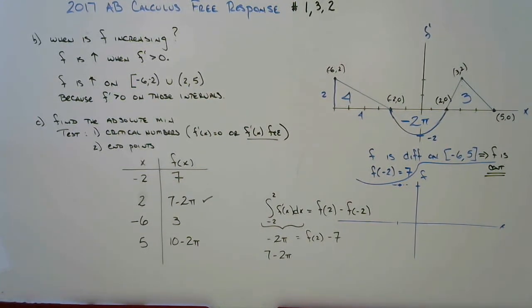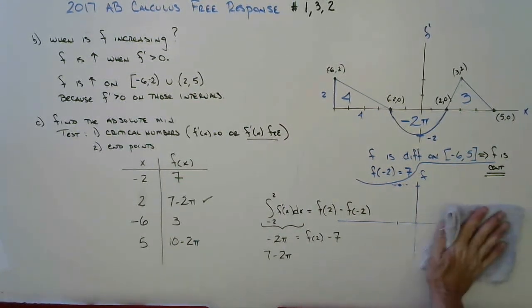We get part D. Part D says for each of f double prime of -5 and f double prime of 3, find the value or explain why it does not exist. Okay. So let's get rid of some of this.